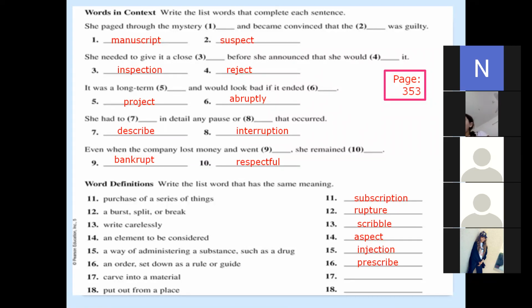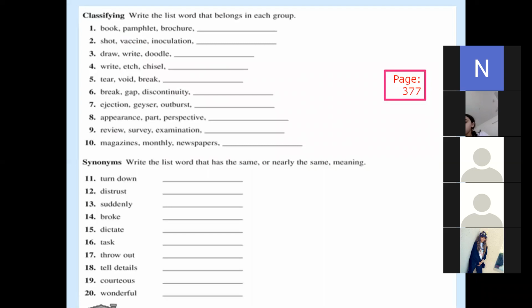Inscribe. Yes. This is the last word that I gave you today. Inscribe. Very good. Put out from a place. Eject. Yes. MashaAllah.